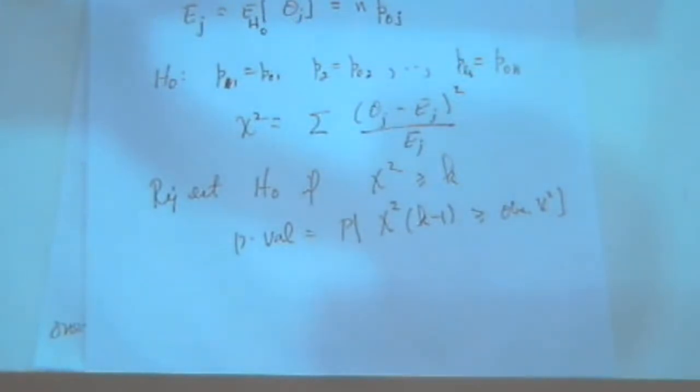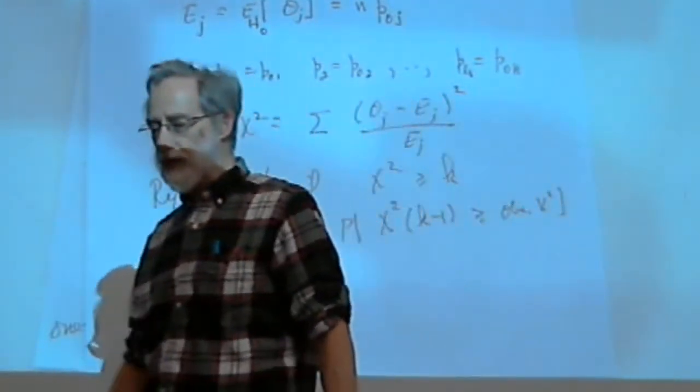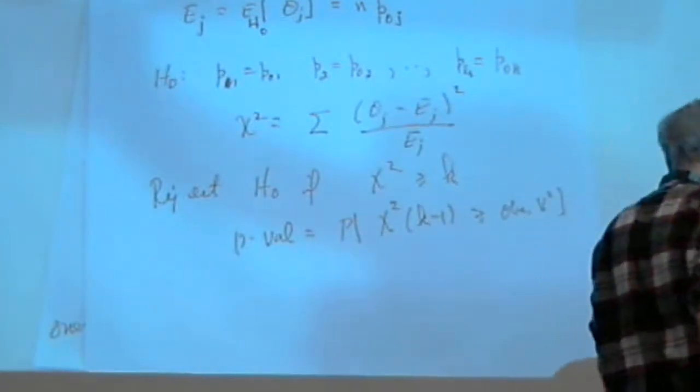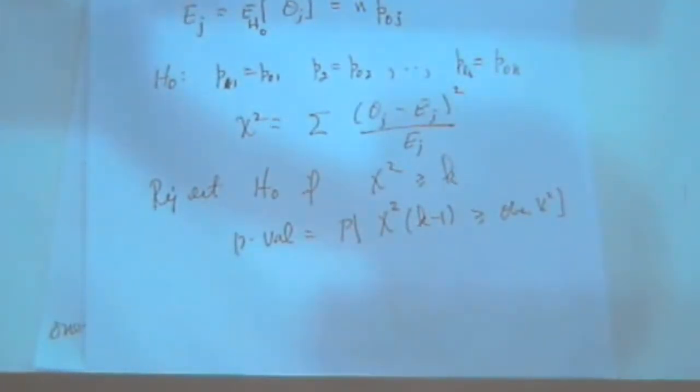Okay, let's just do a simple one, let's just throw a die. Let's have the computer throw a fair die, let's say 600 times, so the expected frequencies would be 100. It's simple to do.